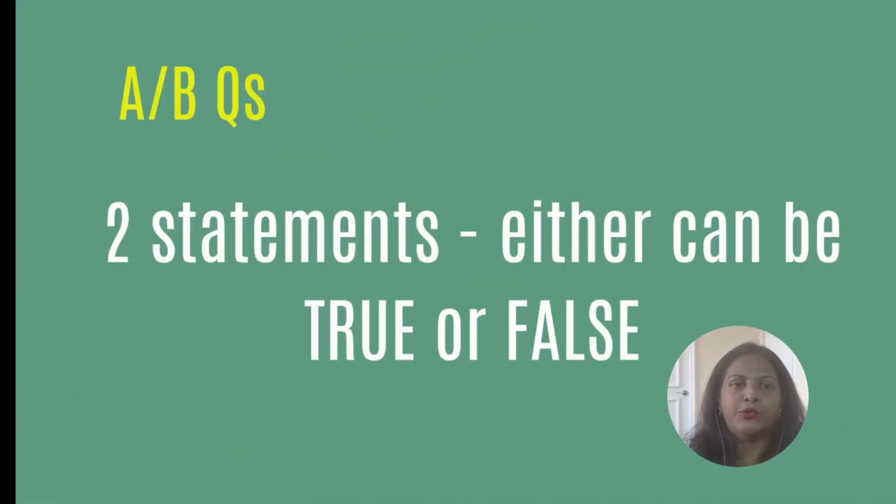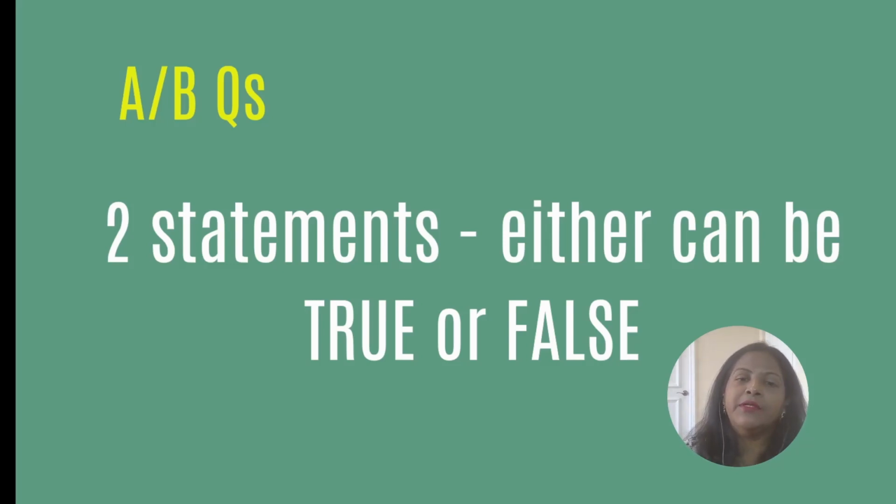Prior to 2024, CTET would put the AB questions and try to present them as assertion and reason. That is, they would write assertion, reason, and they made no sense. But this time they've understood that these are to be called statement questions or AB questions, and this is how it goes. In the AB questions, two statements are given.